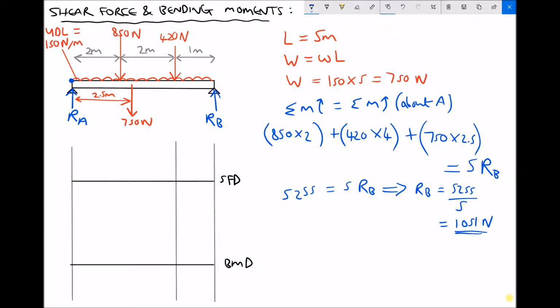Next, I'm going to use the second condition, which tells me that the sum of the forces pushing downwards equals the sum of the forces pushing upwards. Now, pushing downwards, I have 850 newtons, 420 newtons, and 750 newtons. The important thing to remember for this stage is that we're evaluating the forces, not the turning moments. I have 2 forces pushing upwards. I have RA, which I don't yet know, and I have RB, which I've just calculated to be 1051.